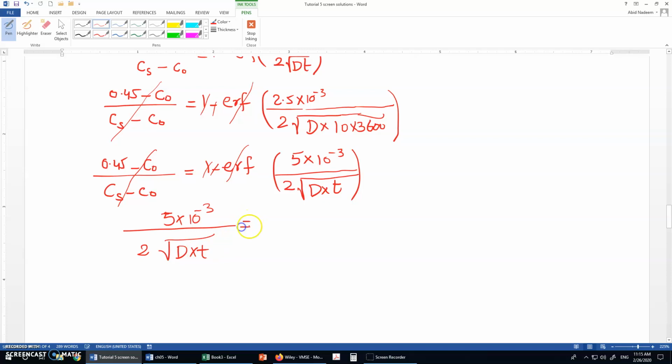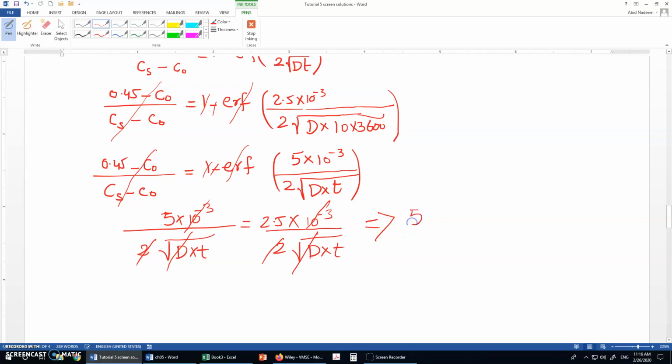2.5 into 10 to the power minus 3 over 2 under root D, and then you can see that more things are cancelling out. These cancel with each other, and under root D will cancel out with under root D. So many cancellations.